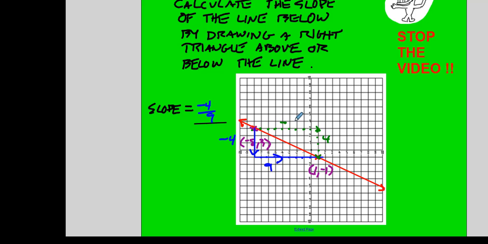Okay, so that's -9. Well, that's going to be 4 over -9 for the slope, but that's the same as -4/9. So either way, here you're going up 4 and you're going left, which is -9. So either way, as long as you draw a right triangle there, it will get you the correct slope using this method.